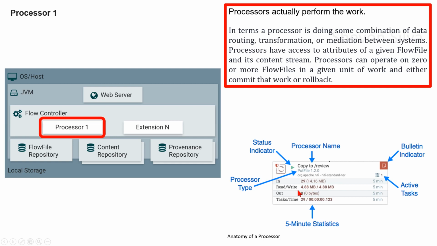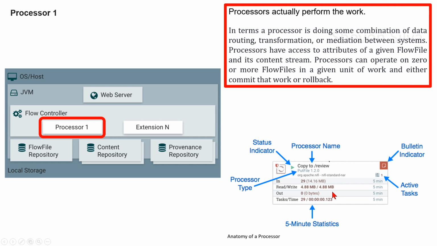Read/write. The total of the flow file content that the processor has read from the disk and written to disk. This provides valuable information about the I/O performance that this processor requires.